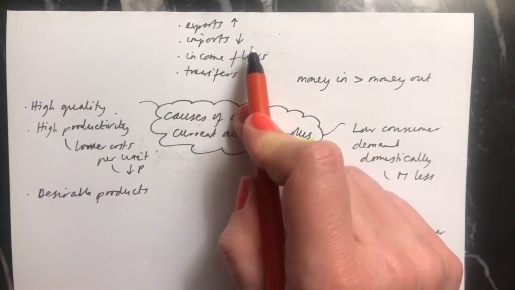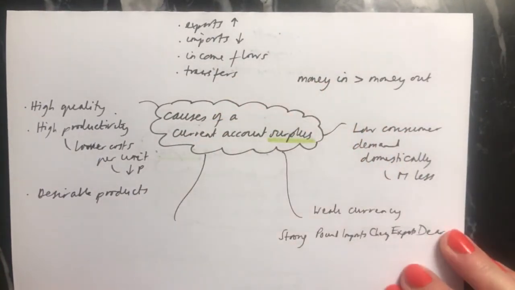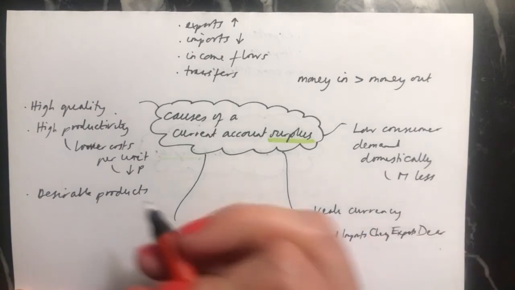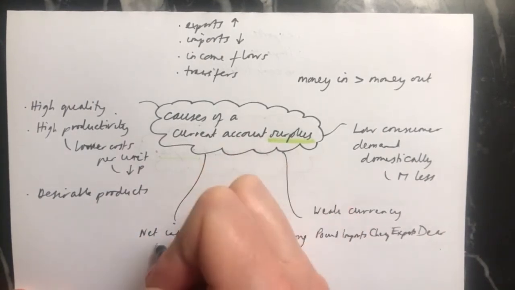The last reason that you might have the surplus on your current account is because overall you have a net inflow of income.